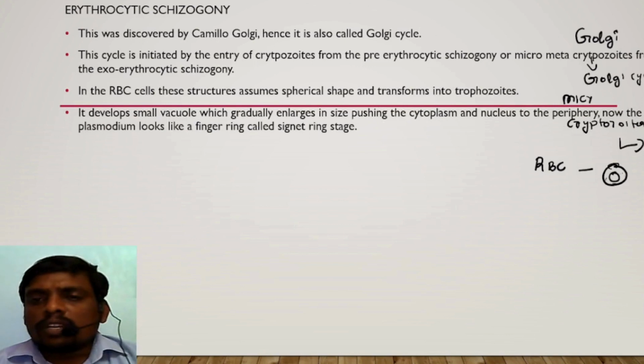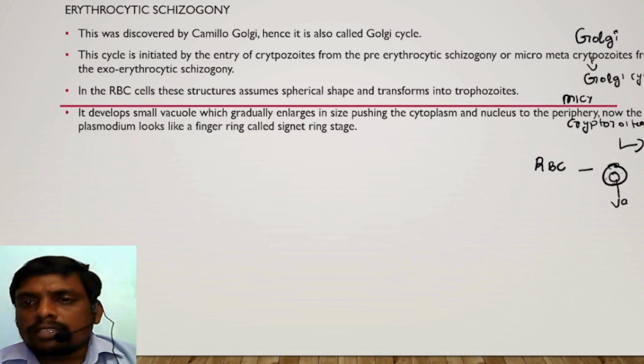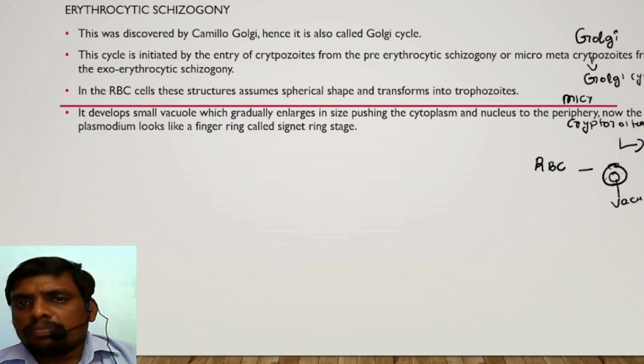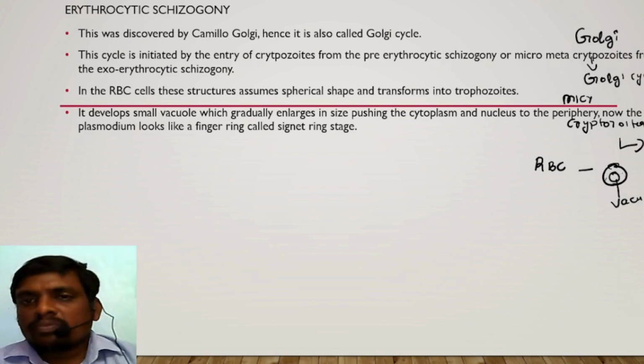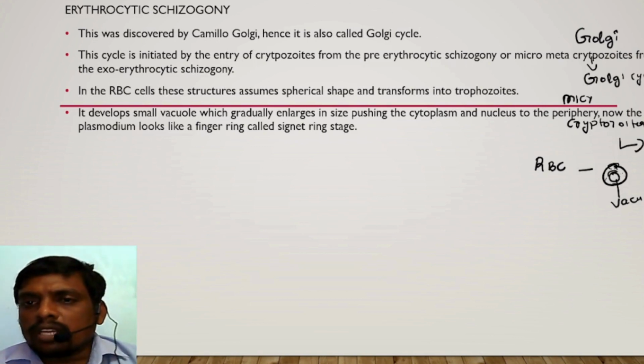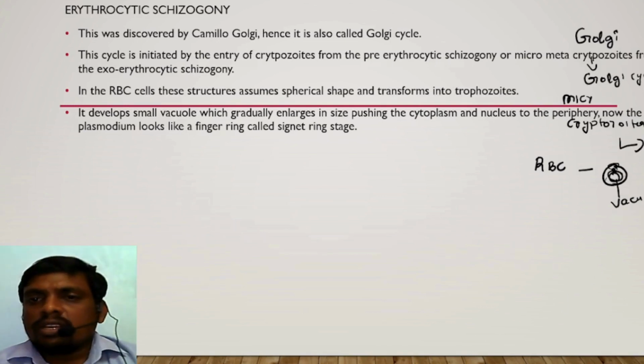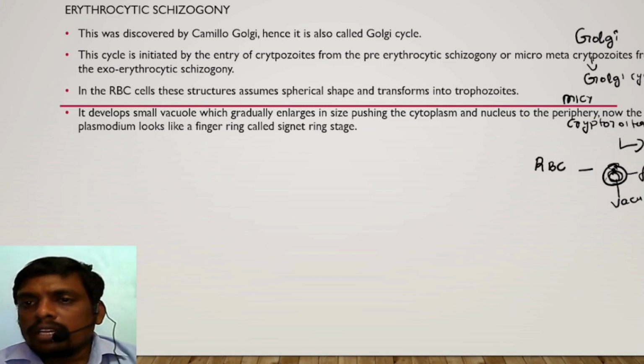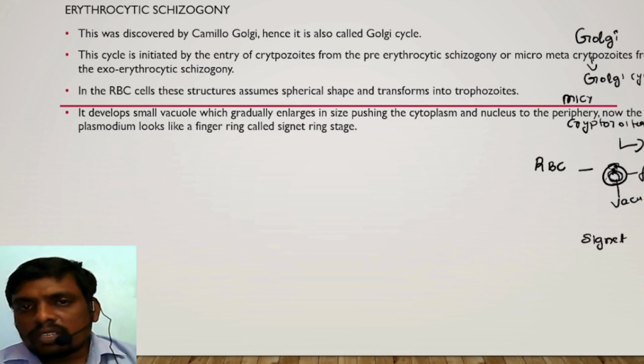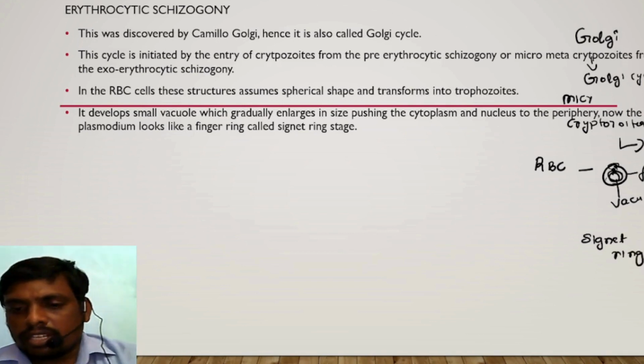Now it develops a small vacuole, which gradually enlarges in size, pushing the cytoplasm and nucleus to the peripheral region. Now the plasmodium looks like a finger ring. Hence this stage is called the signet ring stage.